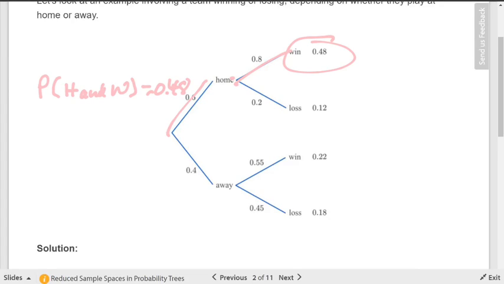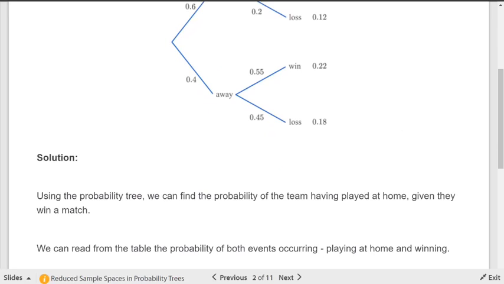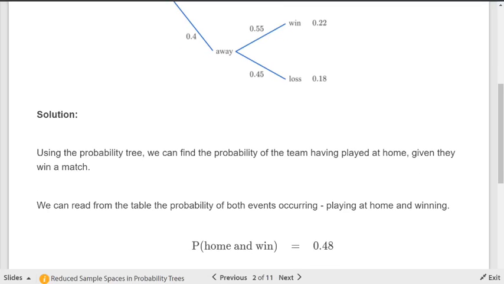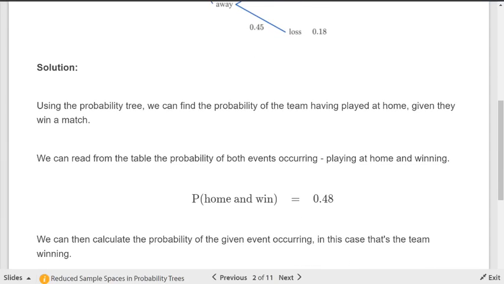And again, if we were just considering every possibility, that would be our probability. But we're not allowed to consider their losses. We're only allowed to consider their wins. So I now have something else that I need to do to be able to finish the problem. So we read that probability straight from the table. No big deal. We can then calculate the probability of the given event occurring.